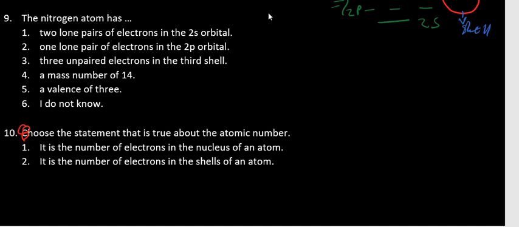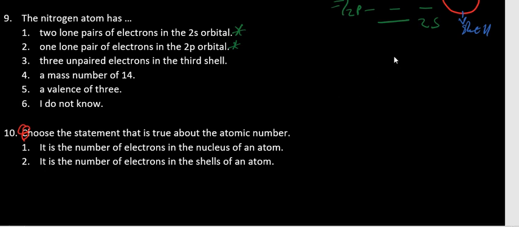So the next one is saying 2 lone pairs of electrons in the 2s. No, this is wrong. 1 lone pair of electrons in the 2p. No. Okay. The other one is saying 3 unpaired electrons in the third shell.